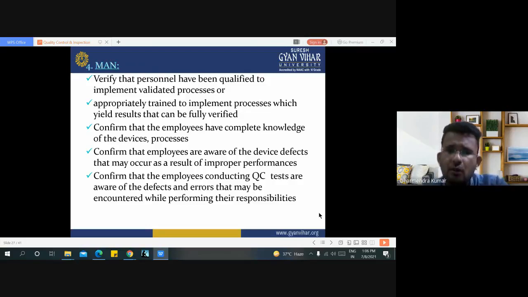Then they must have knowledge about the characteristics of the product which we are going to produce, the characteristics of the raw material, the nature of the raw material, and the properties of the raw material, like physical properties and chemical properties. Then he is able to find out the exact occurrence during the machining process, and he also knows the various suitable methods applicable for removing these types of defects.